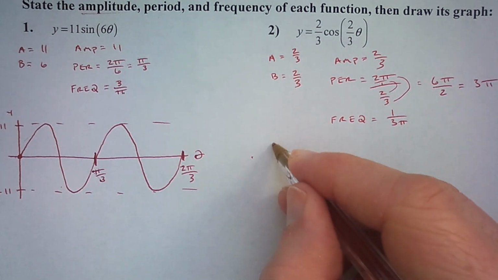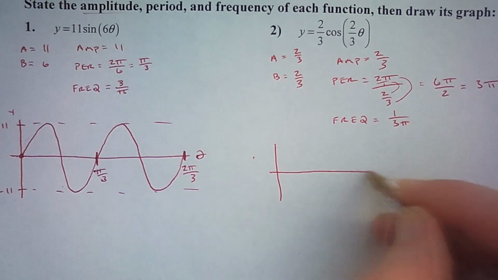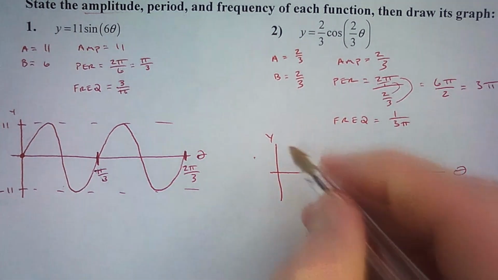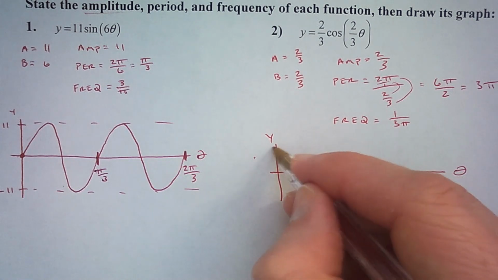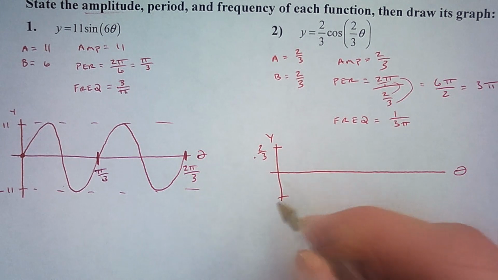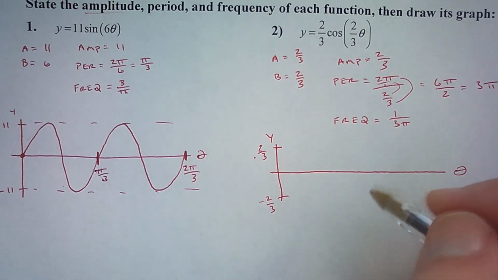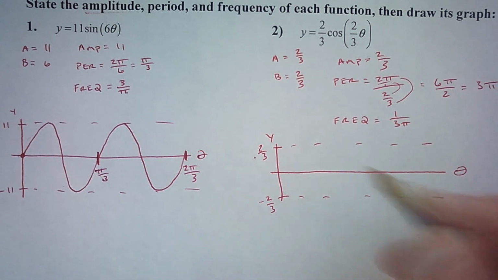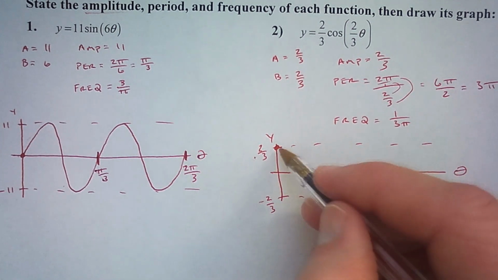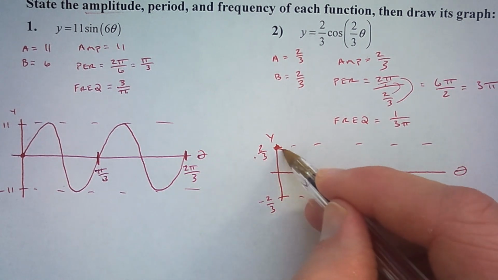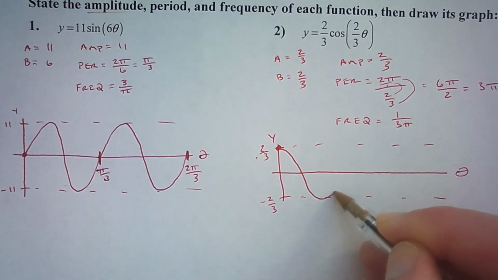Okay, so now our graph. So here is the theta axis and the y-axis. It has a maximum of 2/3 and a minimum of -2/3, and because it's cosine, it will start at the maximum. So it's going to start right here, and it will be curvy because it's at a maximum, so it's going to curve its way out of there.